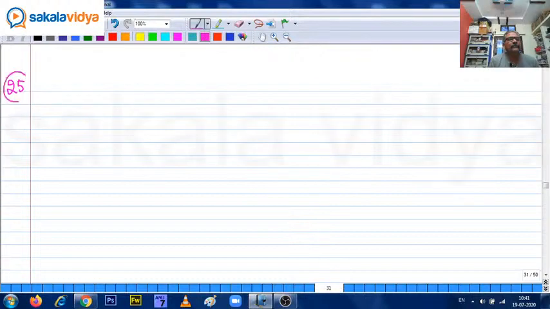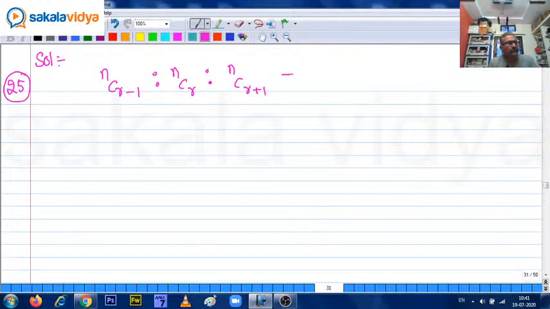Twenty-fifth solution. Here given nCr minus 1 : nCr : nCr plus 1 equals 2 : 4 : 5. First, write down the ratio between these two.